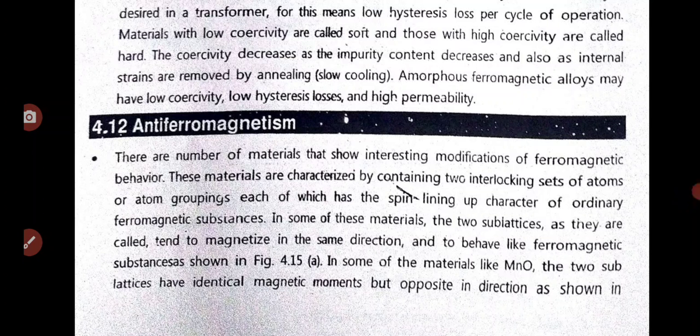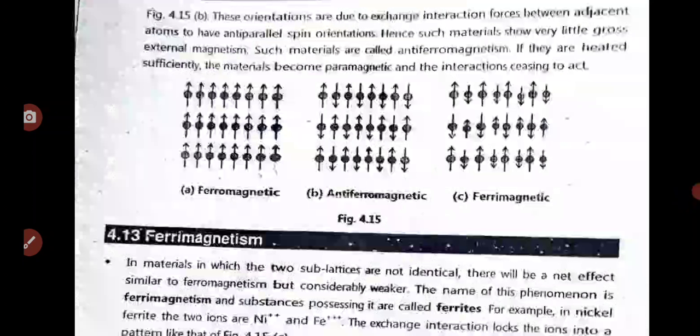Above the Curie temperature, that material shows paramagnetic property, and we see that in figure A. That shows the ferromagnetic property, with the alignment of spin direction upward being the characteristic.